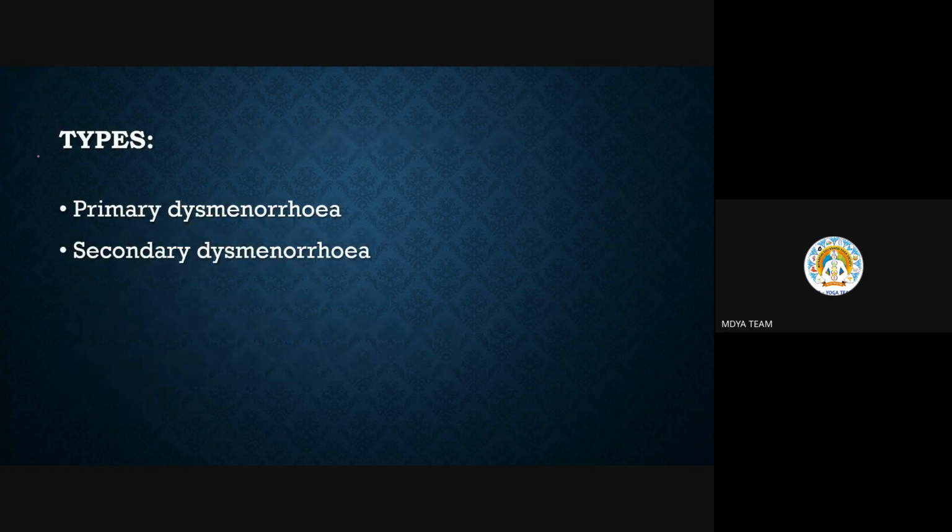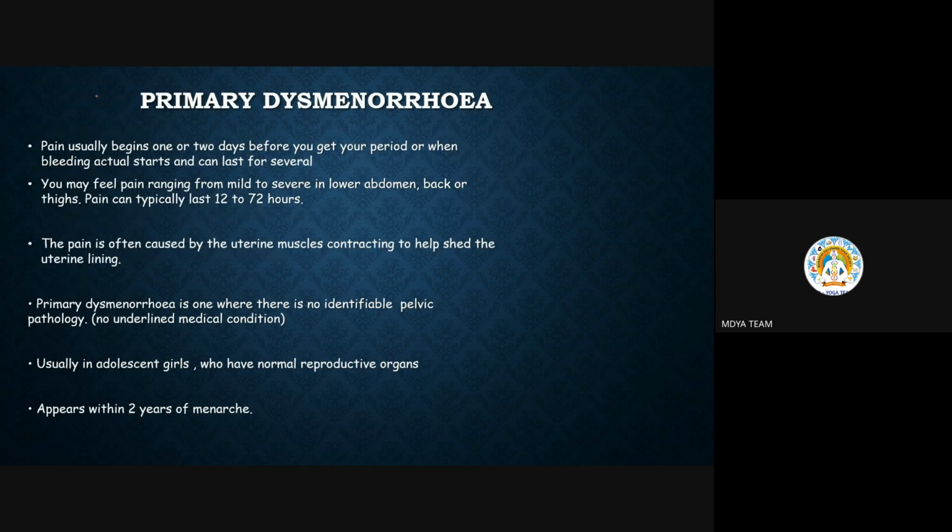The types of dysmenorrhea are primary dysmenorrhea and secondary dysmenorrhea. First, we'll go for what is primary dysmenorrhea. Pain usually begins 1 or 2 days before the periods, when bleeding actually starts, and can last for several days within the menstrual cycle or even after that.